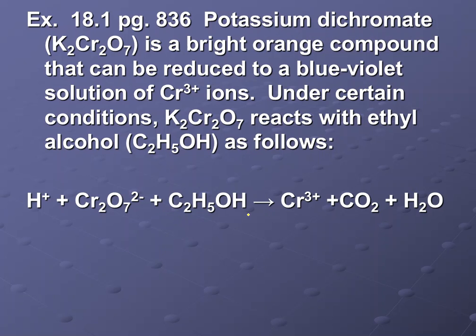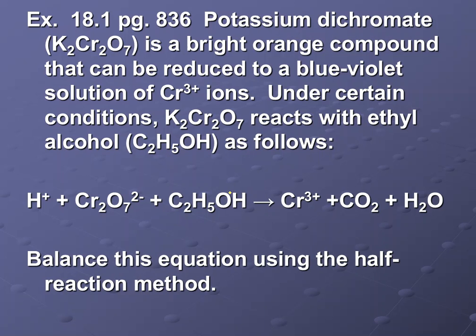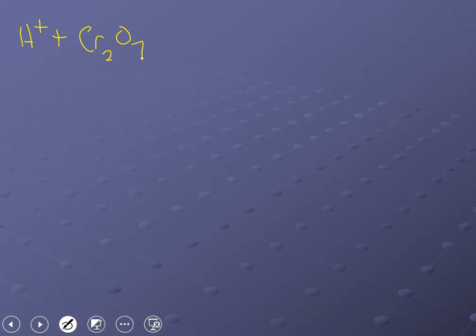It is not balanced. The first thing we're going to do is assign oxidation states to everything to make sure that we can identify what the half reactions are. So I'm going to rewrite this on this next screen here. So we've got H. That's ethanol right there that I just wrote up there.